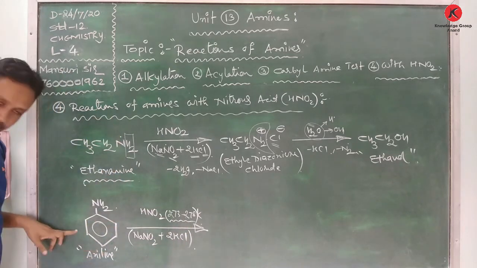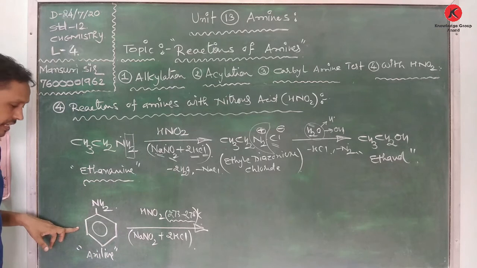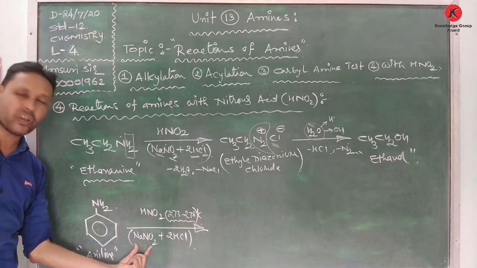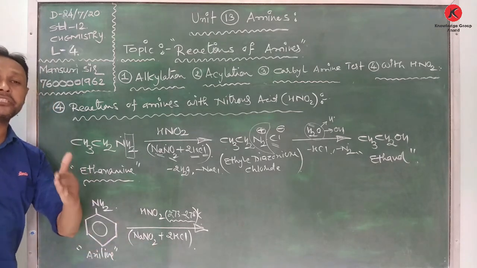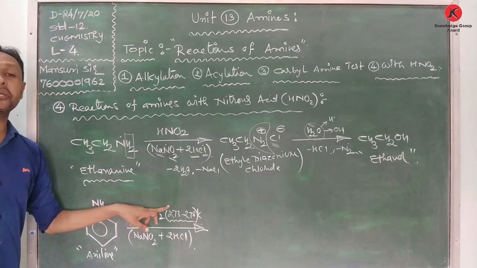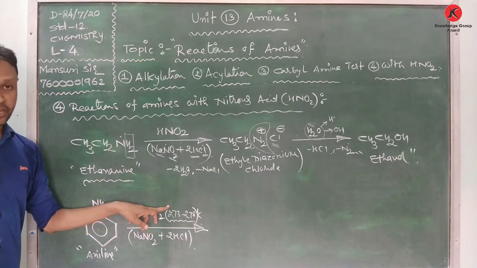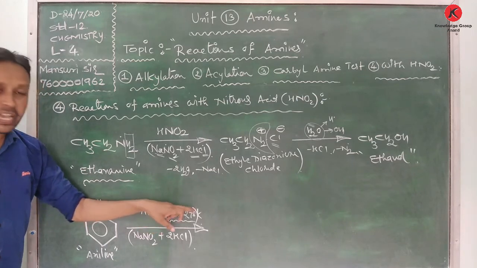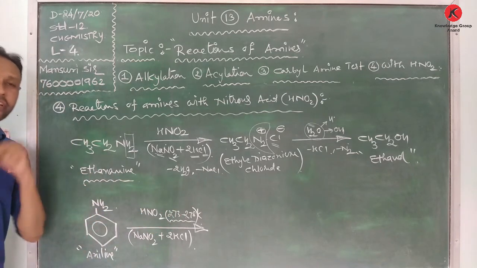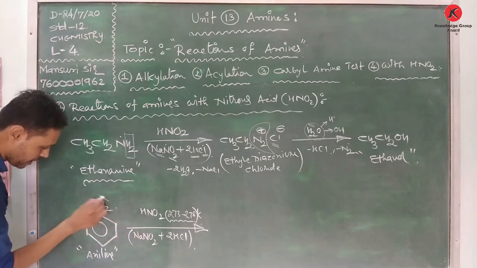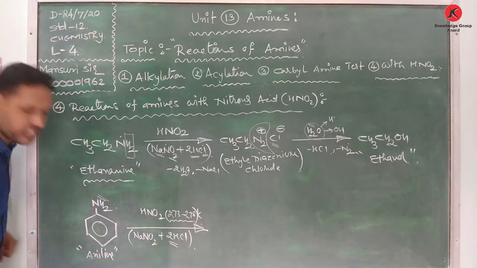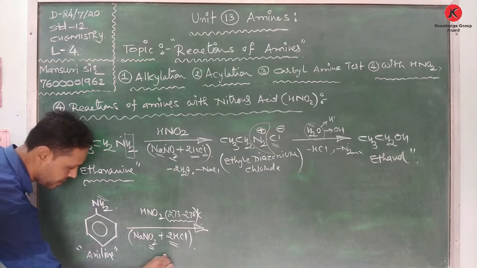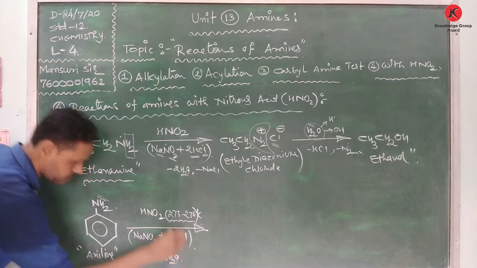So aniline reacts with the mixture of NaNO2 and HCl, at a maintained temperature of 0 to 5 degrees Celsius, or in other words 273 Kelvin to 278 Kelvin. Then what will form? Here two hydrogens react with 2 oxygens and make 2 water.